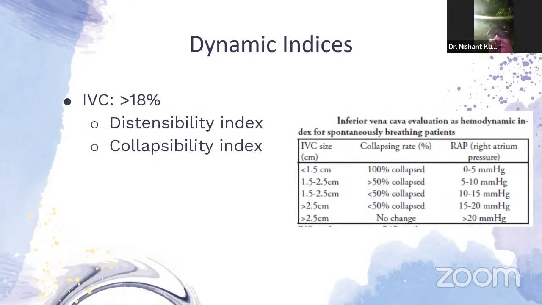So remember, just looking at the IVC diameter and collapsing rate is a static index, whereas when we do the distensibility and the collapsibility index, it is a dynamic index. Next, please.